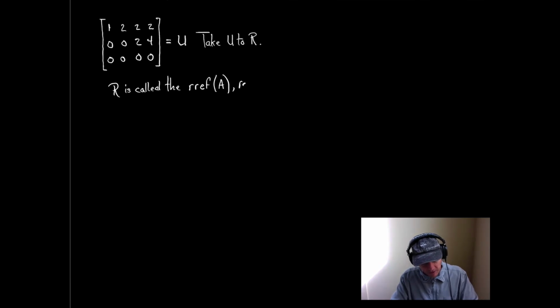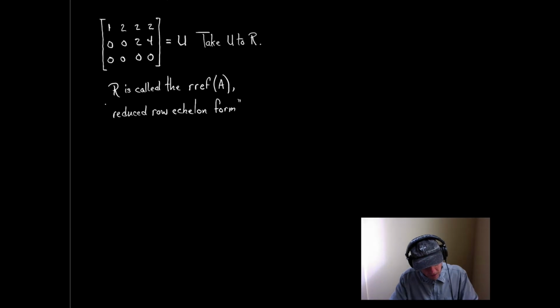And we're going to take U to R. What R is, taking U to R, is called the RREF of A. And RREF stands for reduced row echelon form.